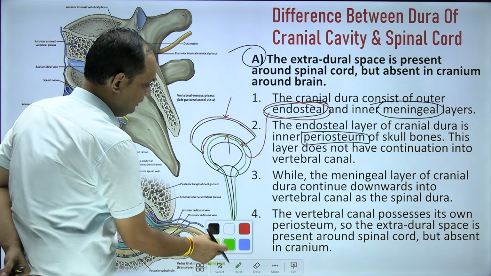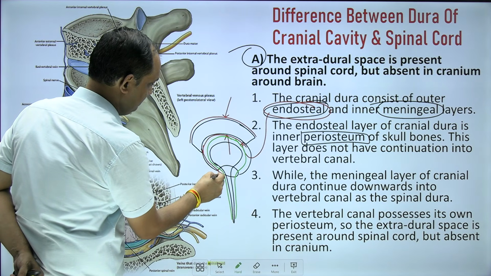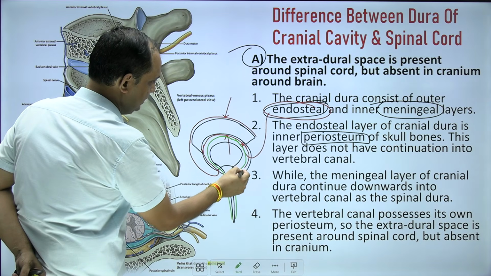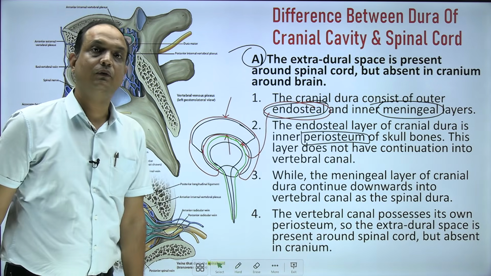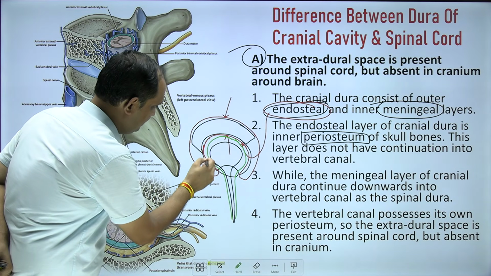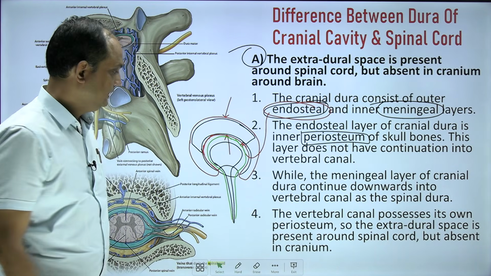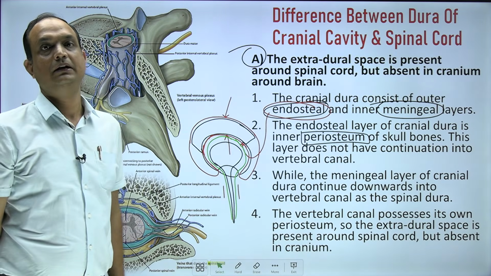But the periosteal layer comes out and continues on the outer side with the pericranium. So this inner layer, the endosteal layer, does not have any continuation around the spinal cord.